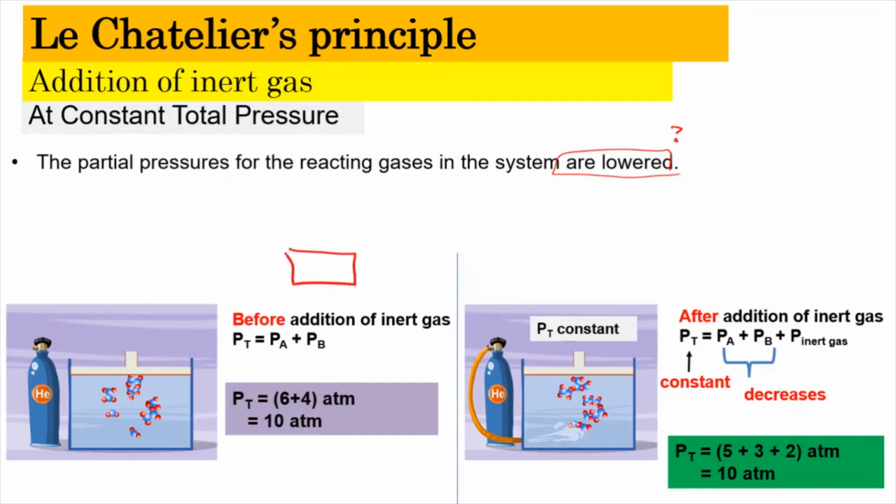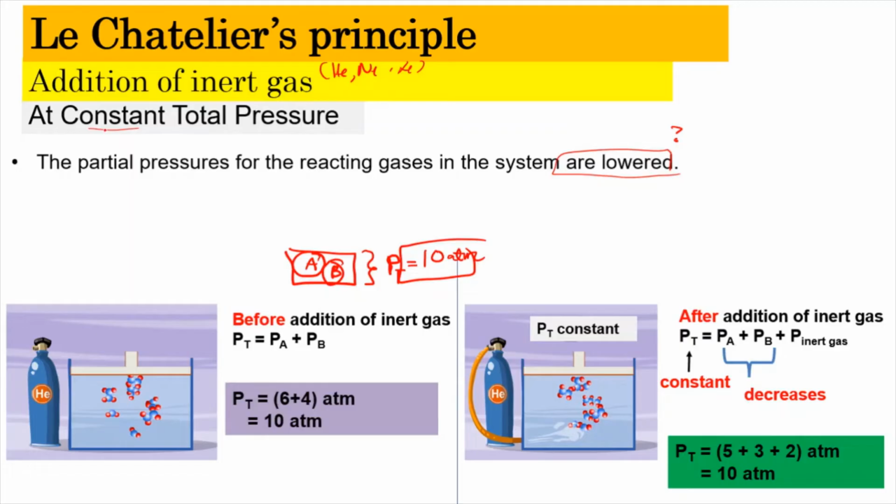Let's say in a glass vessel, you have a molecule of A and a molecule of B. The total pressure at the initial stage, which is at equilibrium, is 10 atm. Now when we add inert gases, for example helium, neon, xenon, and so on, into the system, the total pressure needs to be maintained.